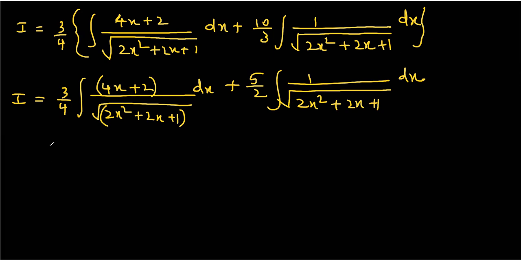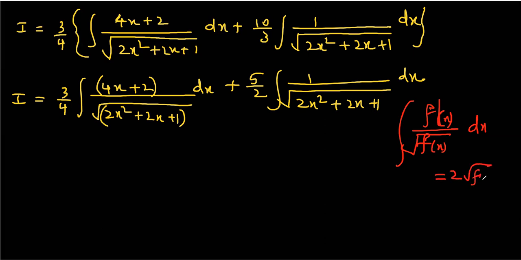So next step, this is what it is in the form f dash x upon root f of x. Do you remember f dash x upon root f of x? We had done this. If you have f dash x upon root f of x dx, then the integration is 2 root f of x plus c. So what will be the integration here?